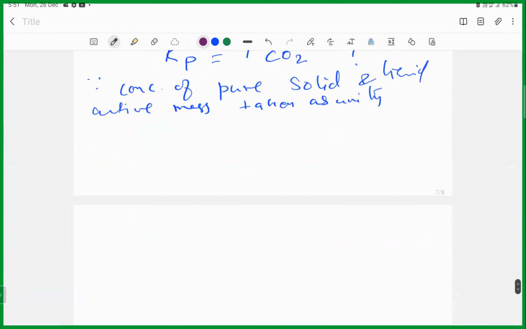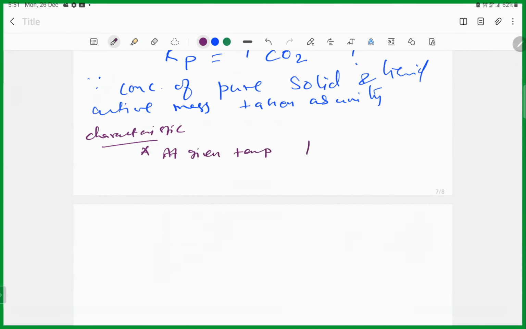The next. So what is the characteristics of this equilibrium? So at a given temperature, the equilibrium value is constant. K equilibrium has a definite value at a given temperature.